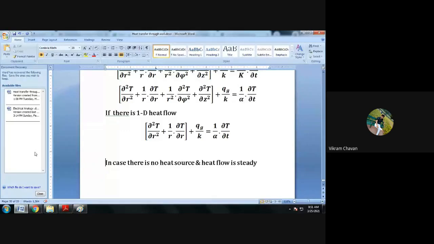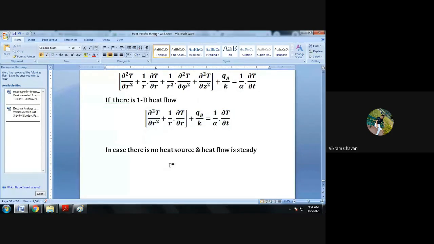No heat source means heat generation per unit volume per unit time will be 0, and steady heat flow means the temperature change with respect to time will be 0. So in the term qg/k, if there is no heat source, qg is 0, then this term will be removed from the equation.